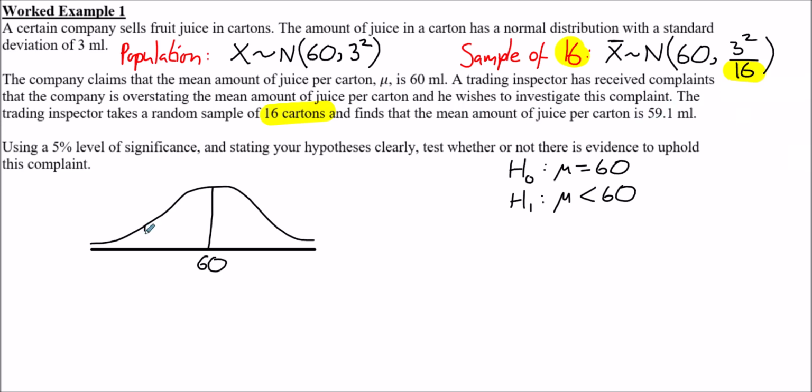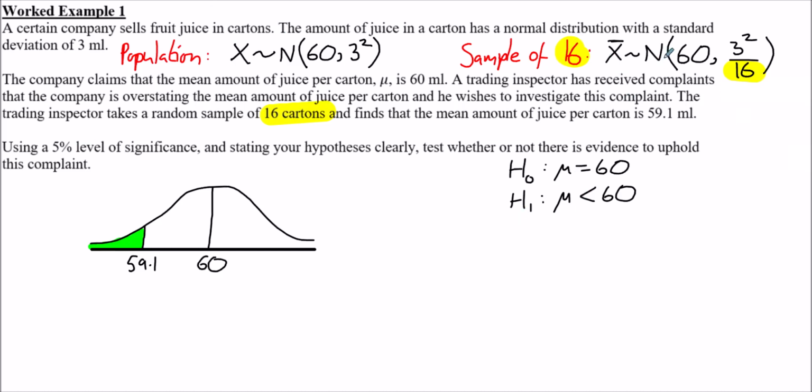So 59.1 is down at this lower tail somewhere. So we need to find this proportion here, 59.1 or less. We find this proportion and then compare it to the 5% level of significance.